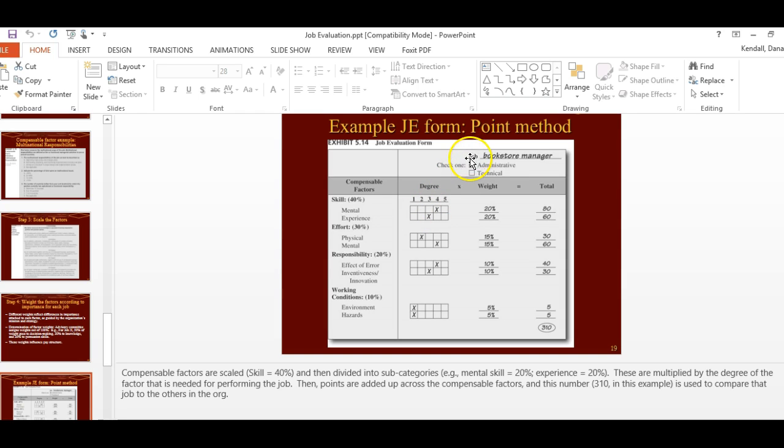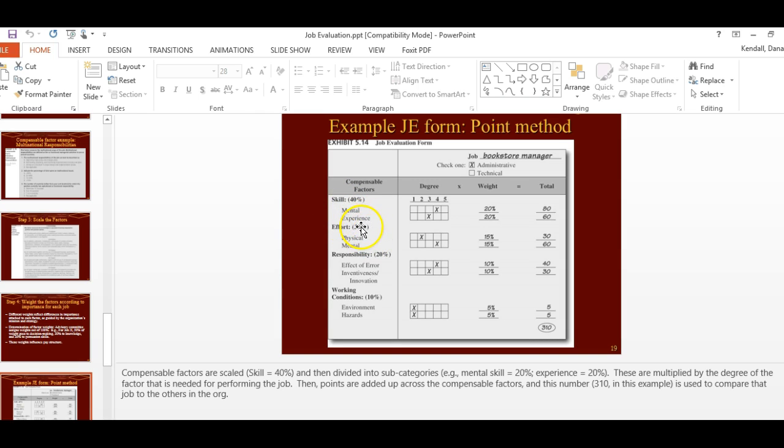And so here we have a certain position, bookstore manager. And the compensable factors, you can see their breakdown here. We have skill as 40% of the job, effort 30%, responsibility and working conditions on down the line. And for each one, because we've scaled them and we've weighted them, the degree here represents the extent to which the job requires this particular factor. And notice that they've made it even more complicated in this case because each compensable factor is broken down into different categories.